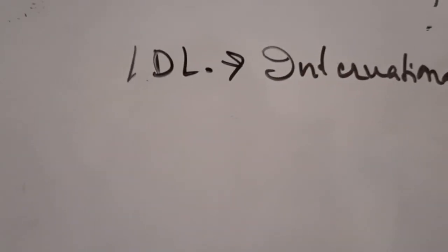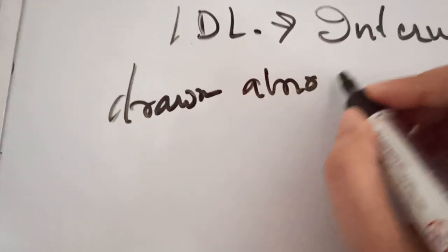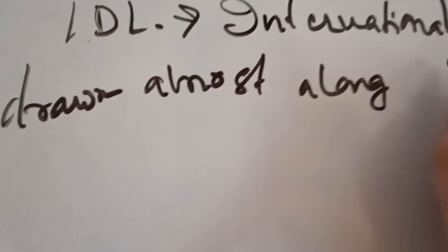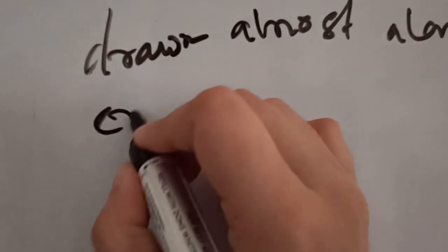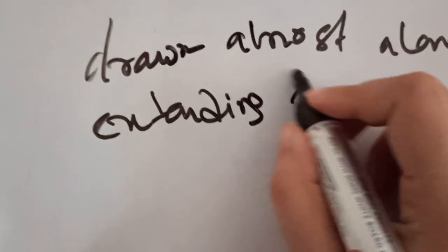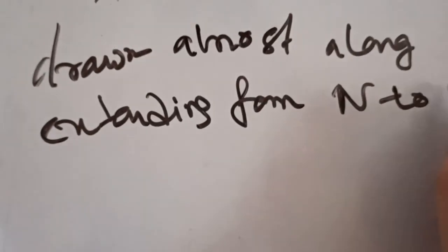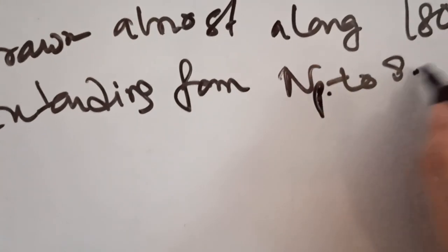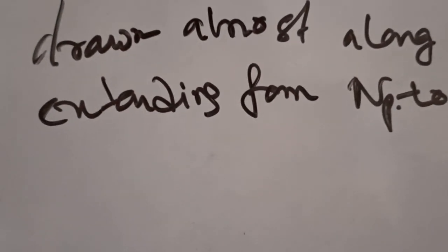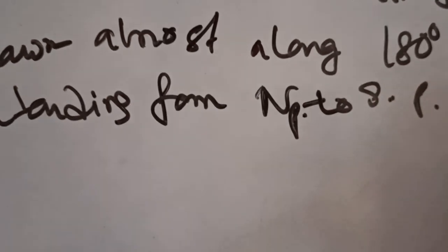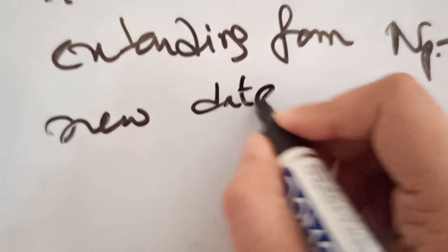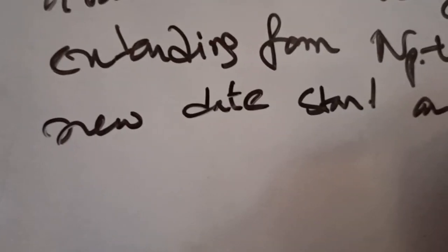So it is actually an imaginary line which is drawn almost along the 180-degree meridian, extending from the North Pole to the South Pole, based on which the new date starts, and each date ends.